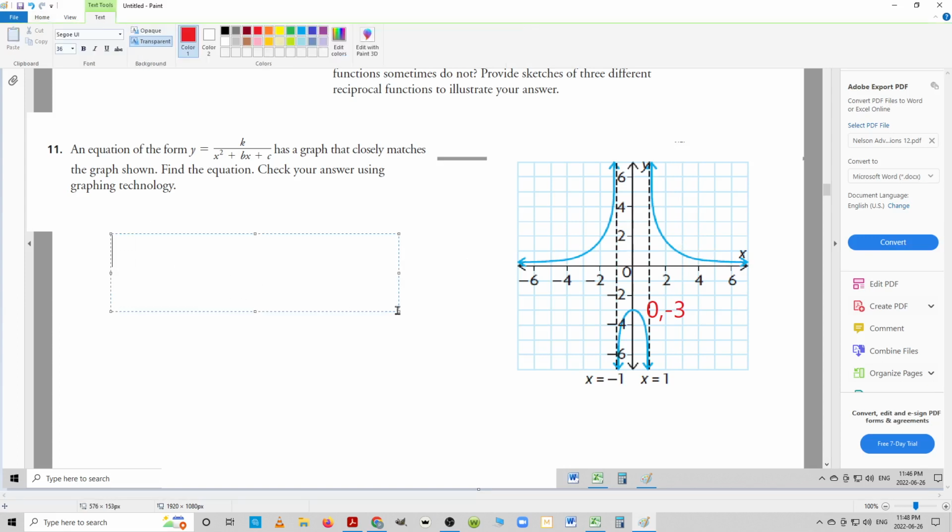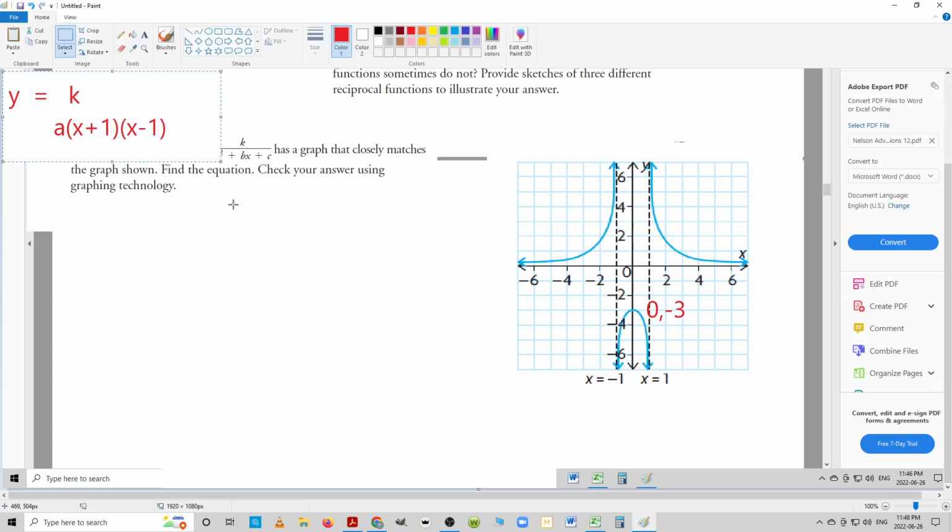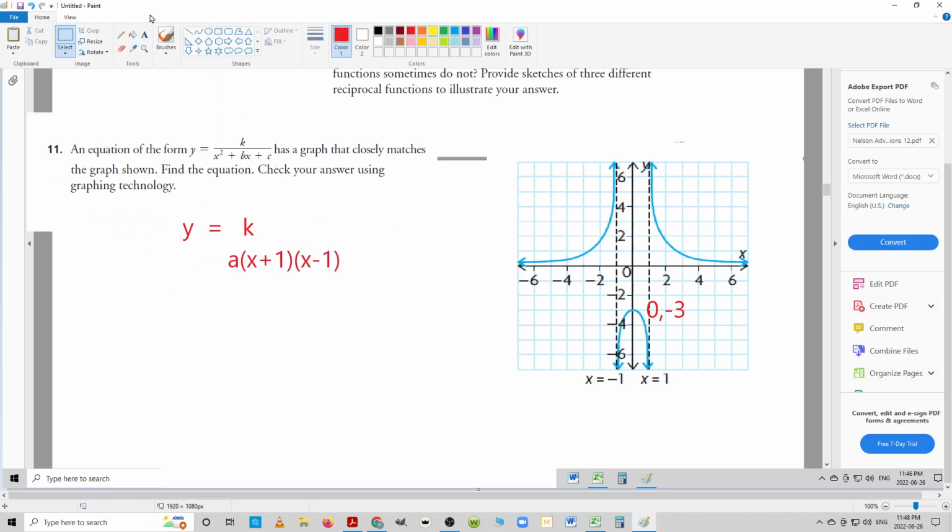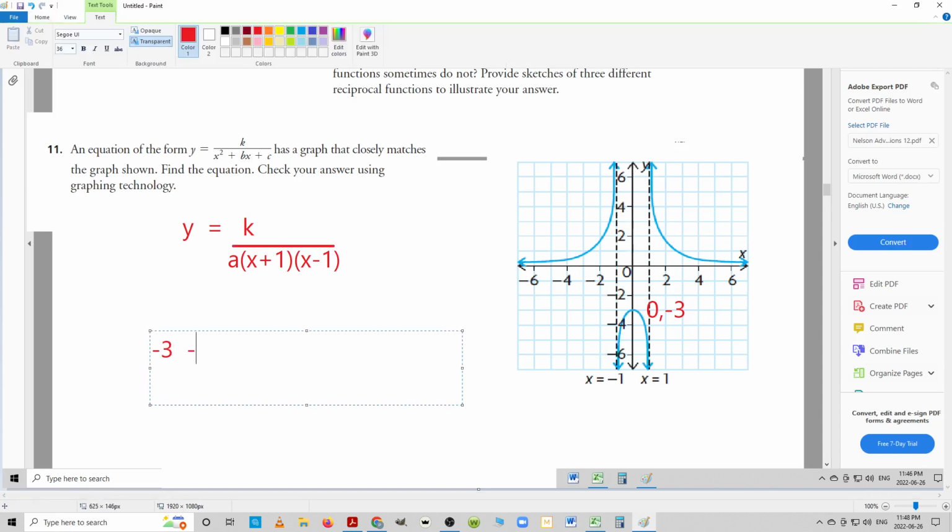So that means when y is minus 3, x is 0. Now we can't quite figure this part out yet. Let's forget about k for a second and focus on what the parabola would be.